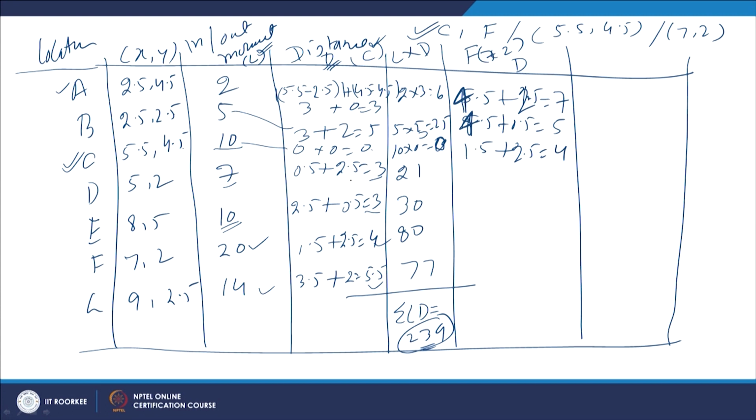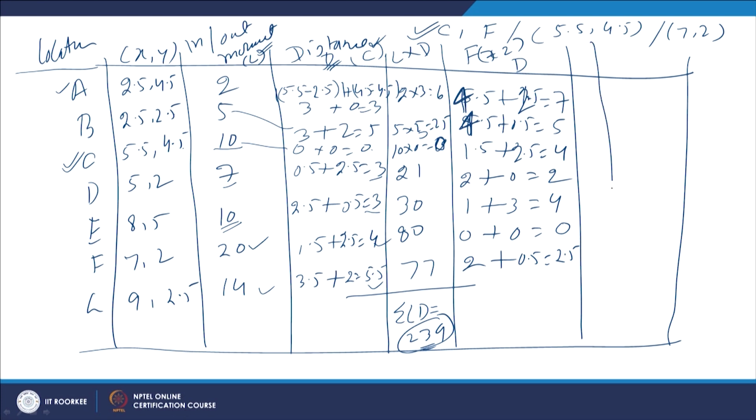Now, for D location, 5 minus 7, that is 2, plus 2 minus 2 is 0. So, 2 is the distance to be travelled. For E location, 8 minus 7, so here it is 1, plus 5 minus 2, it is 3. So, here it is 4. 7 minus 7 is 0 and 2 minus 2 is 0 for location F, and for G, 9 minus 7 is 2, plus 2.5 minus 2, that is 0.5. So, here it is 2.5.